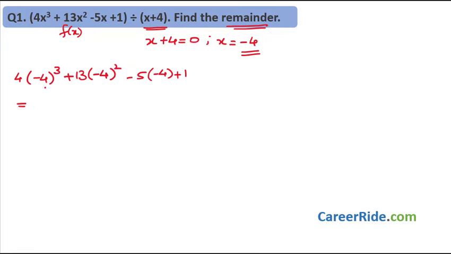What is this? This is equal to minus 128 plus 13 into 16 is what? 208, plus 20 plus 1, right? So this is equal to 229 minus 128, that is equal to 101, and this is nothing but your remainder.